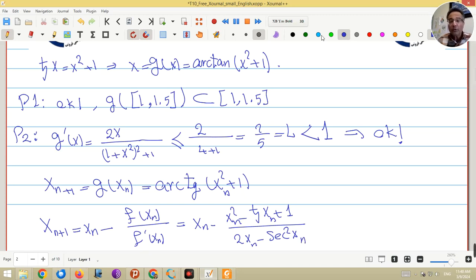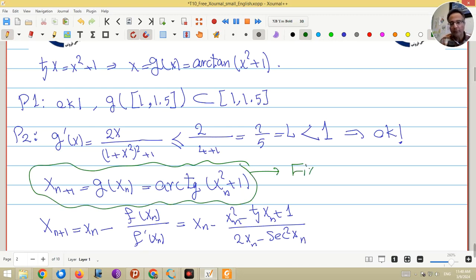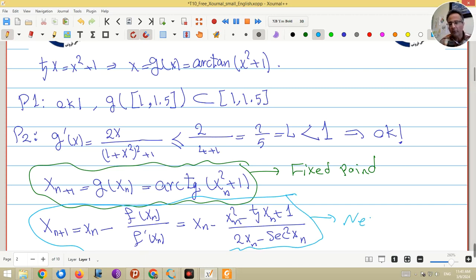So we have two sequences. This sequence is for fixed point. And the other one is this sequence. This is for Newton method. So let me implement both of these sequences and find out the solution and in fact compare the rate of convergence in two cases.